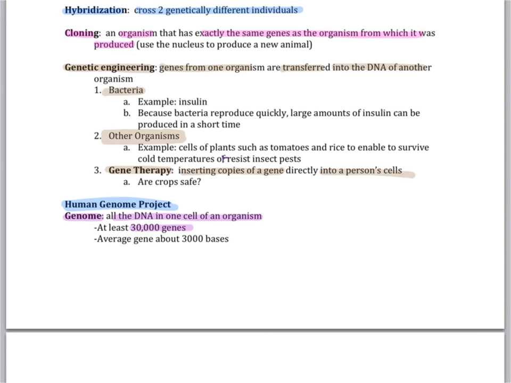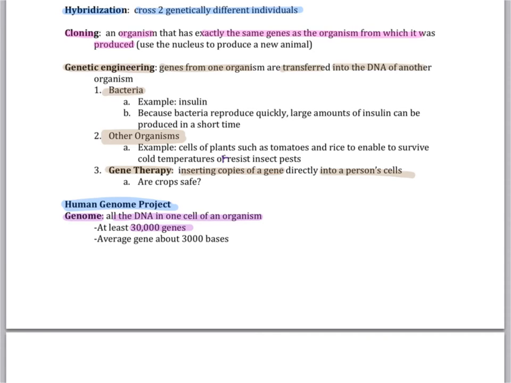We discussed this very briefly when discussing the light sensitivity that scientists are using to affect anxiety, and they've tested this in rats. Some examples of how scientists are able to do this include through bacteria. An example of this is insulin. Because bacteria reproduce very quickly, large amounts of insulin can actually be produced in a very short amount of time.